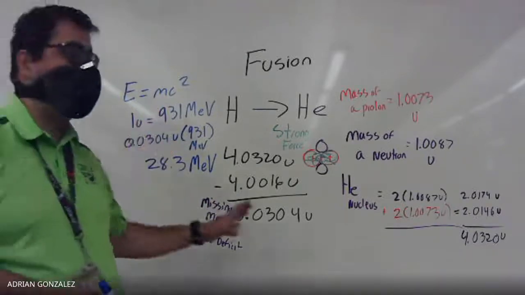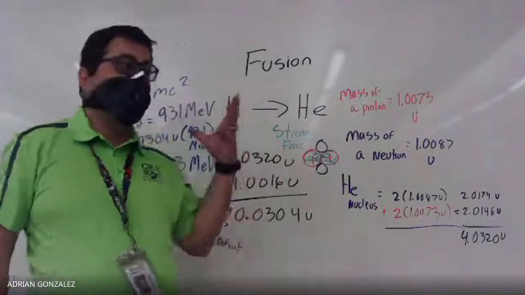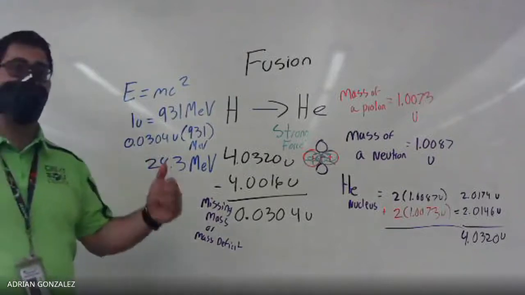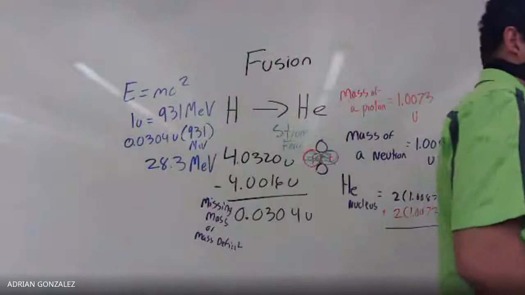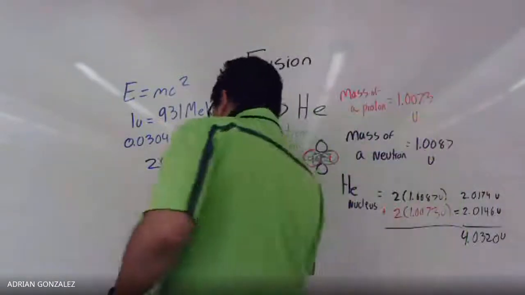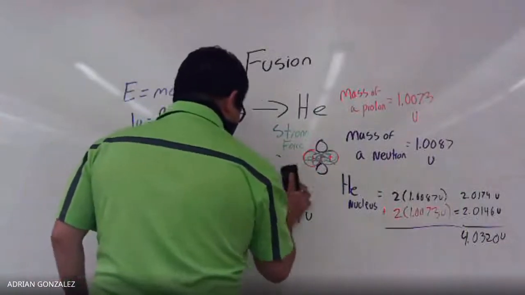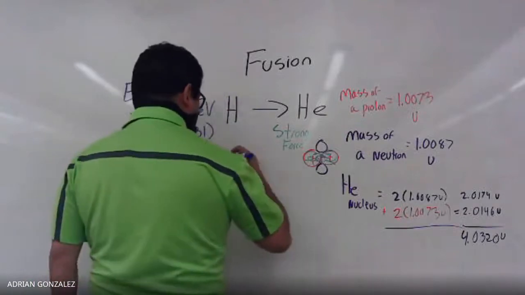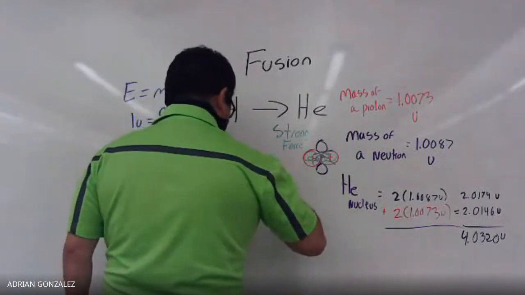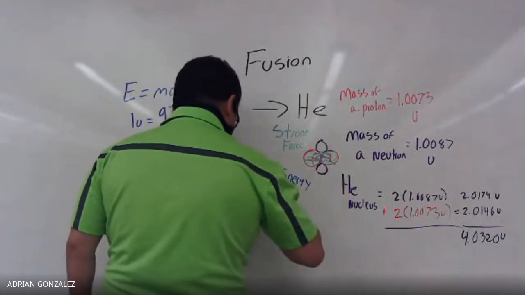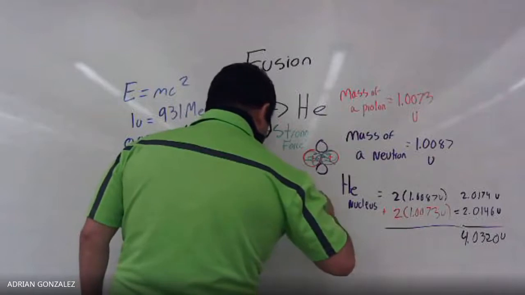Now that's the total amount of binding energy in the whole thing, okay? With binding energy, there's lots of different things you can do. One of the things you can do is figure out how much binding energy there is per nucleon.